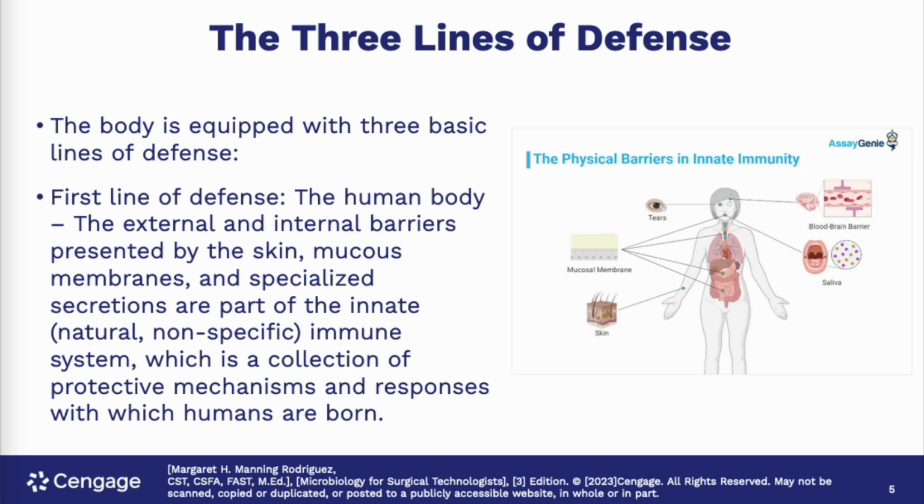So there are three lines of defense. Our skin and mucous membranes are our first line. Intact skin blocks microbes like Staphylococcus aureus from entering the body. Damage from cuts, burns, or abrasions creates openings for infection.